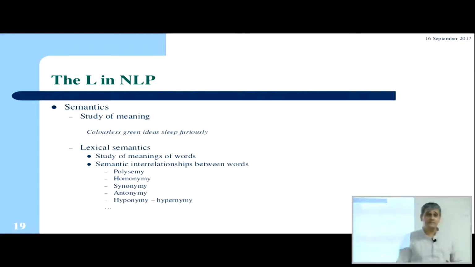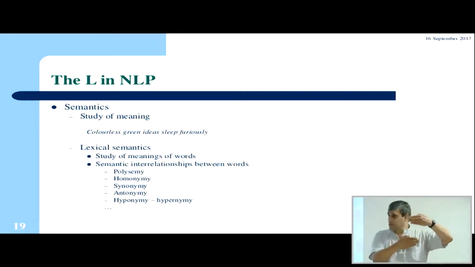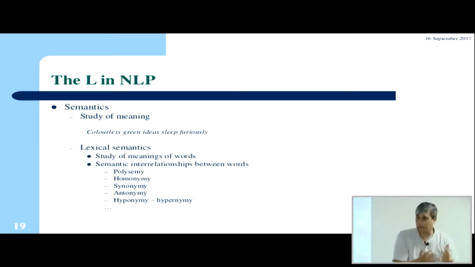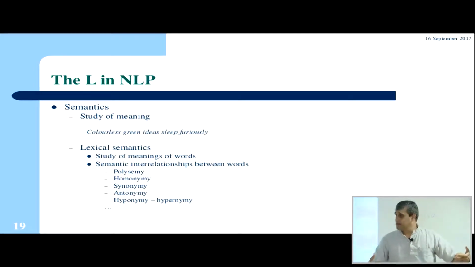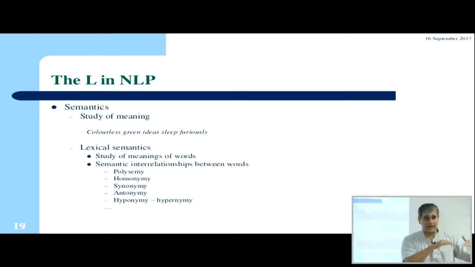Then antonyms, opposing meanings. Hyponym and hypernym, a hierarchical structure of words, like fruit and banana. Fruit is a more general term, and banana, apple, orange are more specific. So fruit becomes a hypernym, and banana, apple, orange become hyponyms.